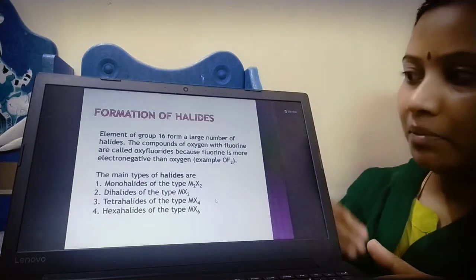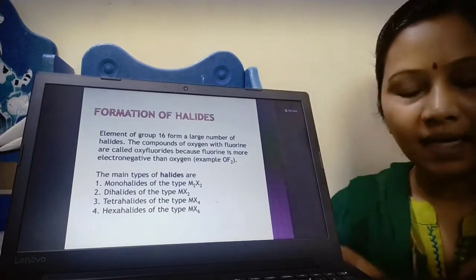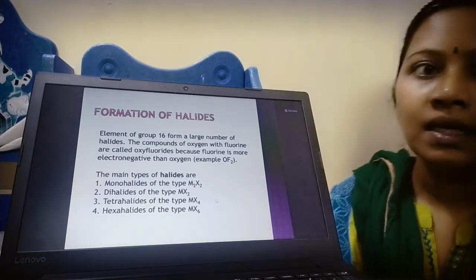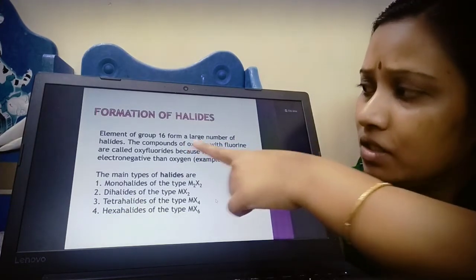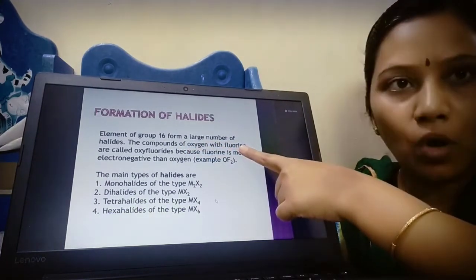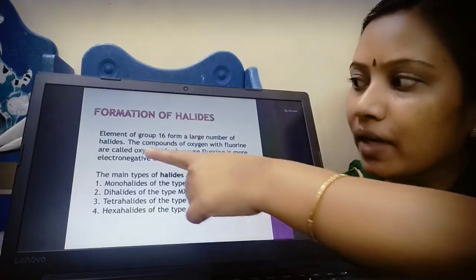Then this is the formation of halides. As I told you, the elements of group 16 will form halides. When oxygen and fluorine combine to form compounds, they are called oxyfluorides, because fluorine is more electronegative than oxygen.